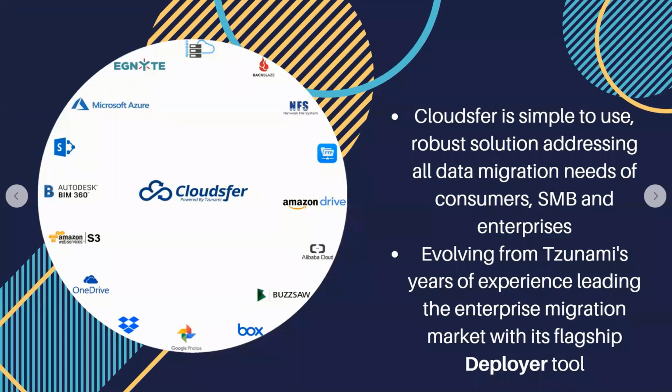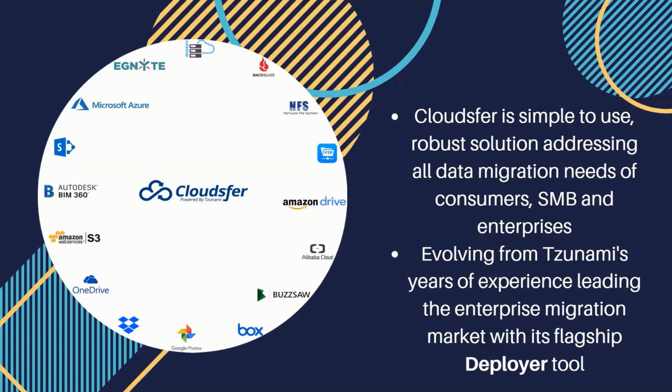So let's go to the next one. You can see here in Cloudsfer all the systems that we support. Cloudsfer was designed to be a system that allows, regardless of the source or target system, any kind of combination or any migration scenario within our services in a few quick steps, and it's one of the easier services to use.